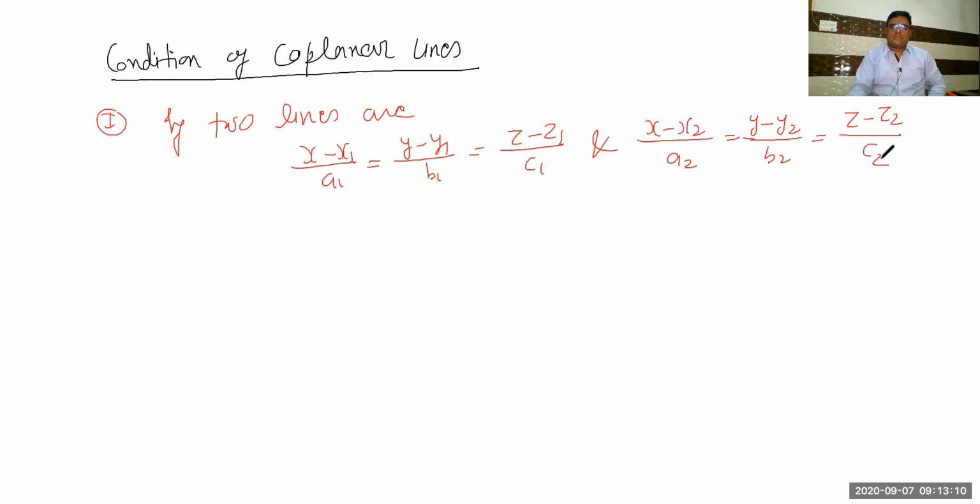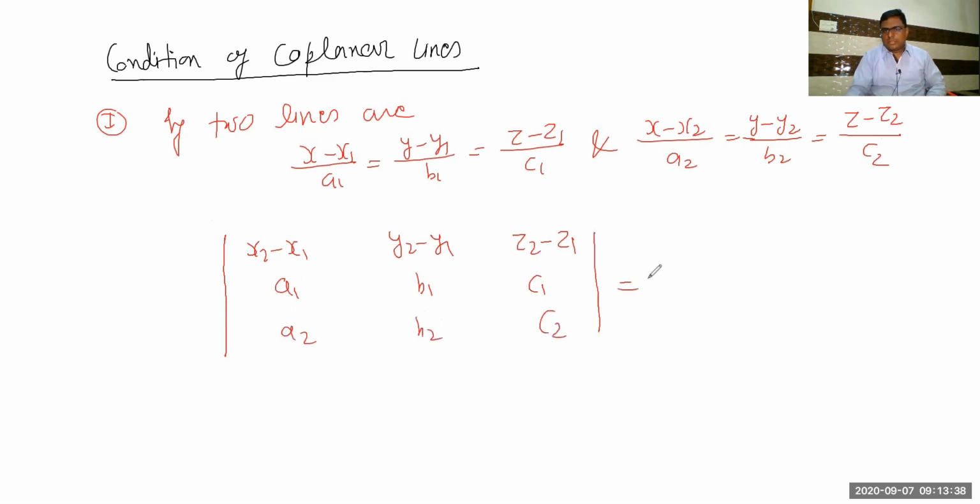Suppose we have two lines whose Cartesian equations are these. Then the condition of coplanar lines will be the determinant with rows x2 minus x1, y2 minus y1, z2 minus z1; a1, b1, c1; a2, b2, c2 equal to 0. If this condition is satisfied, then the two given lines will be coplanar.